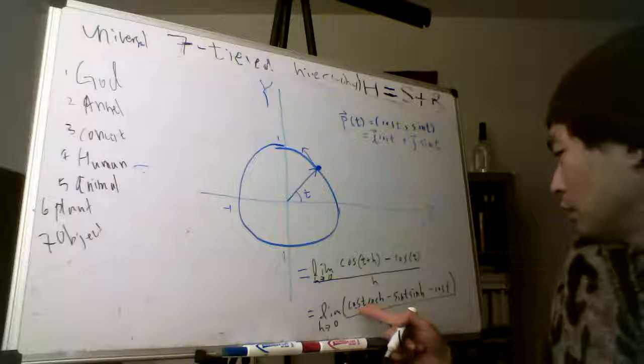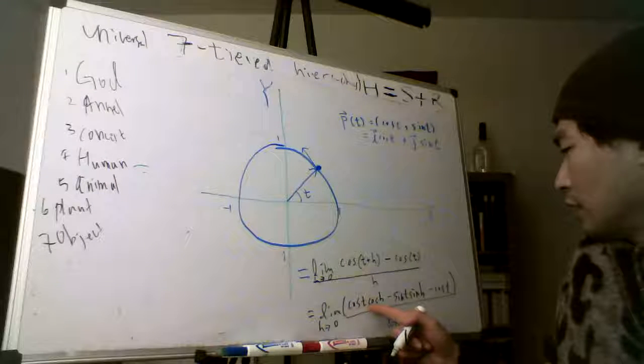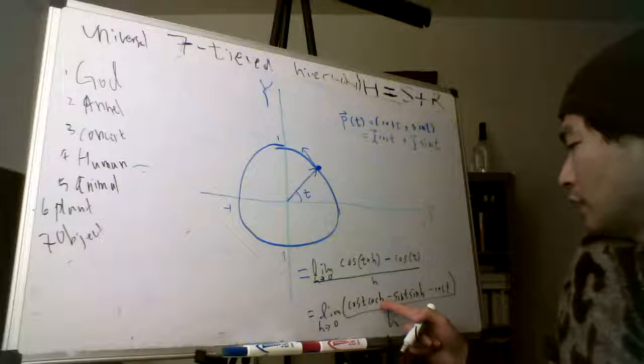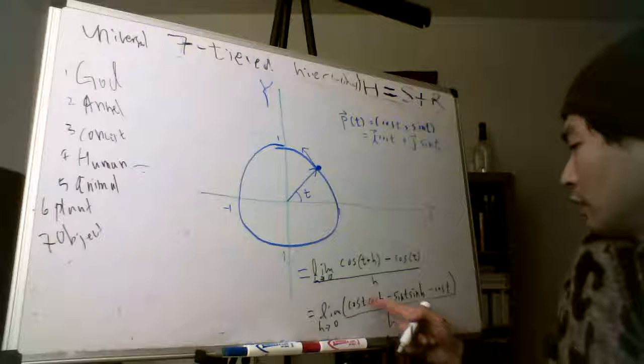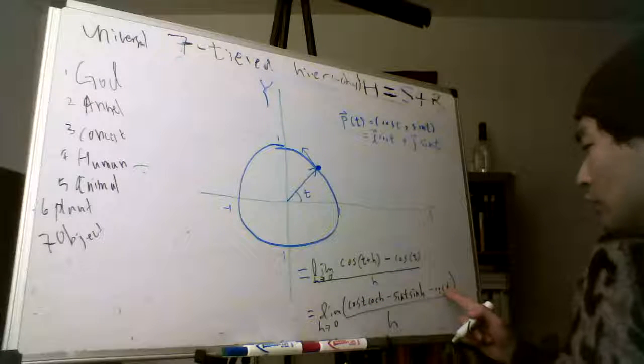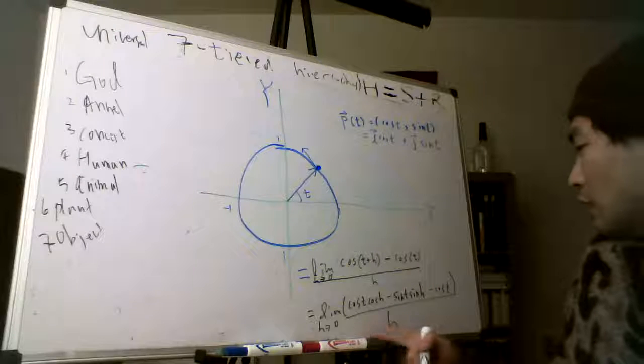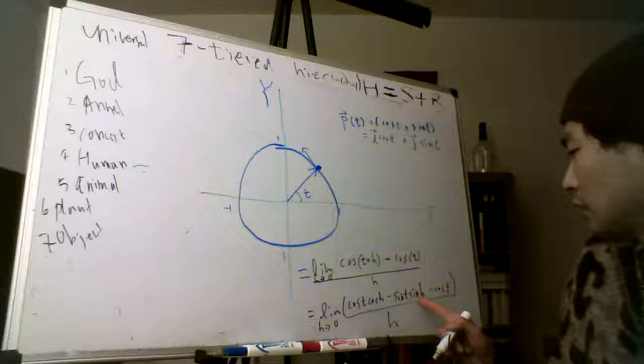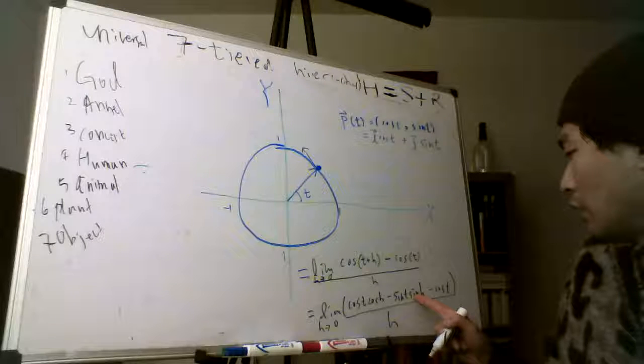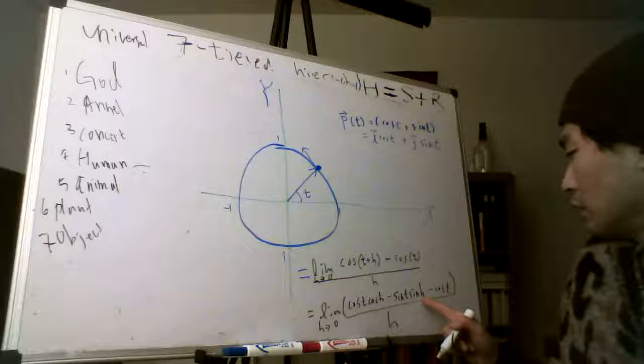So this becomes cosine t: cosine t times cosine h, and cosine 0 is 1. So this guy becomes cosine t, and we have minus cosine t here, so they cancel each other out, and as h goes to 0, sine h goes to 0.